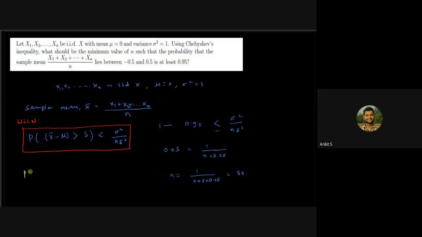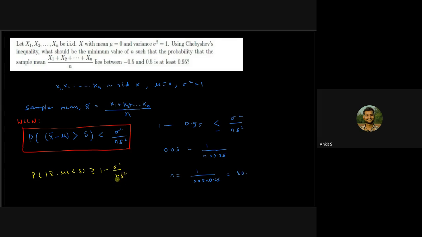The corresponding lower bound is, because here we have to calculate the minimum value of n, right? So we will use probability of |x minus mu| less than delta will be greater than or equal to 1 minus sigma squared by n delta squared.